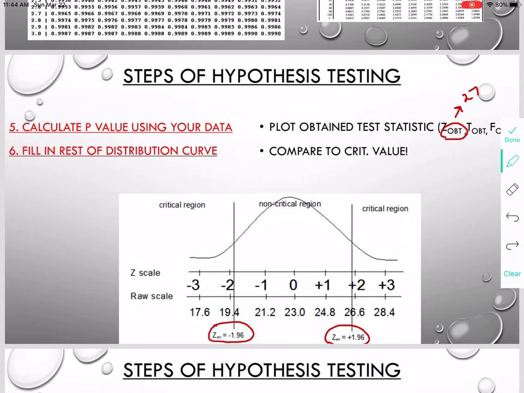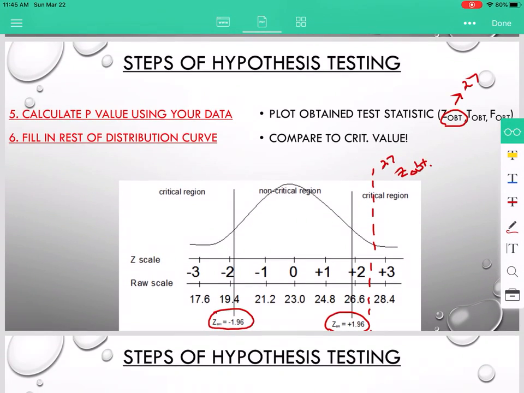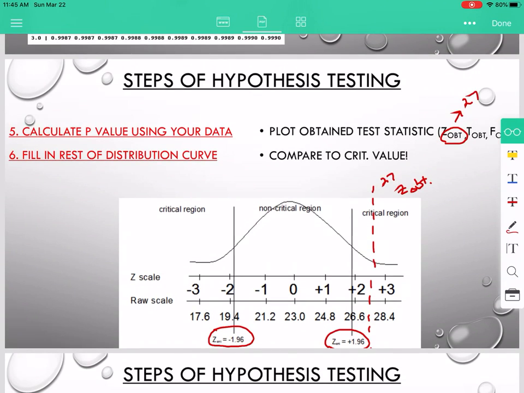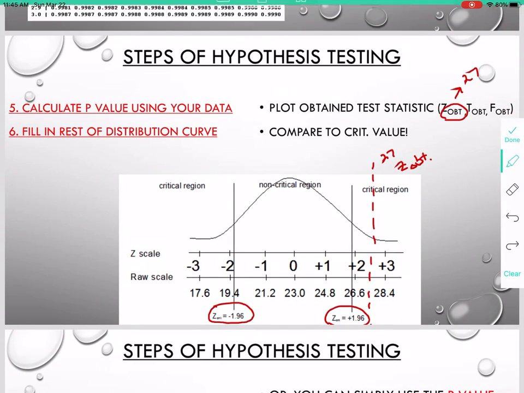So I would use the bottom, which is the unit, the raw scale, and on these scales, if I got 27, then it would be out here, right? So that's my z obtained, and it's very important that you label it properly. We had our z critical, which was plus 1.96, and then I have my z obtained, which was 27.